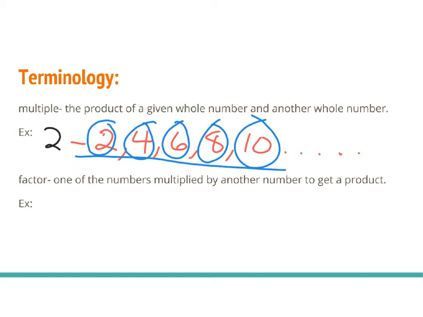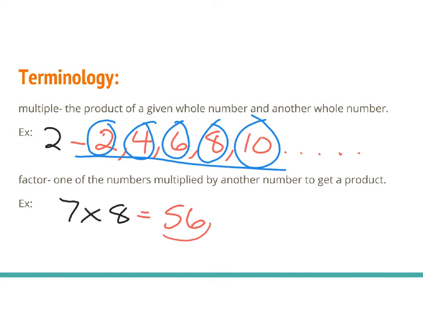Then we've got factor. And the definition I have here is one of the numbers multiplied by another number to get a product. Again, that might seem a little hazy until I do something like this. If I find, let's do 7 times 8, well, we know that equals 56.